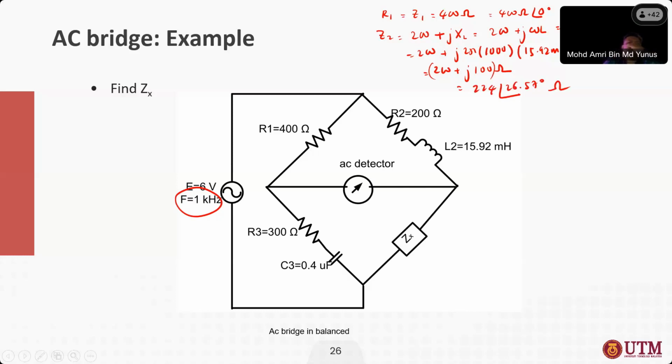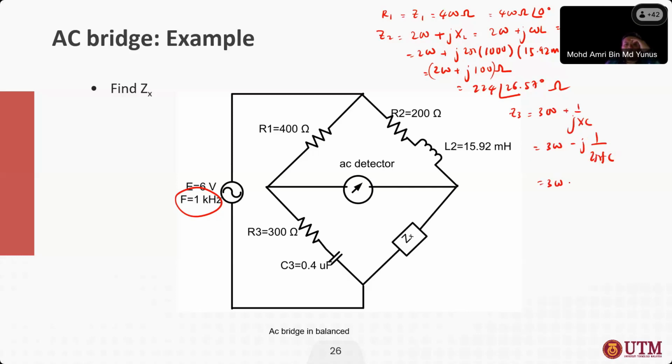Z3 is equivalent to 300 plus 1 over j XC, or you can rewrite 300 minus j 1 over 2 pi FC.